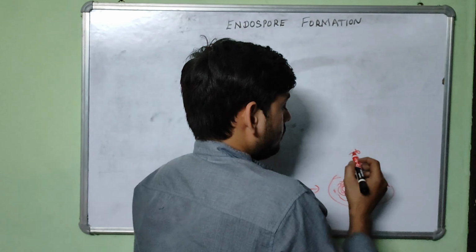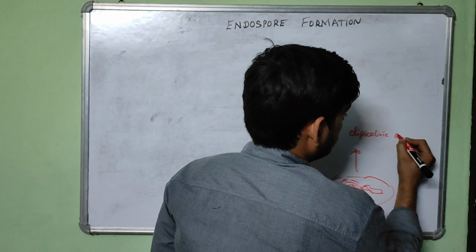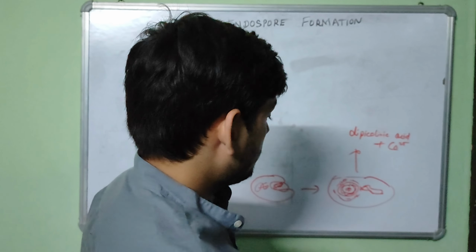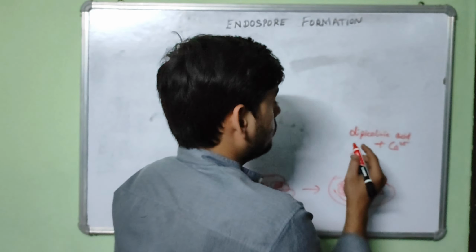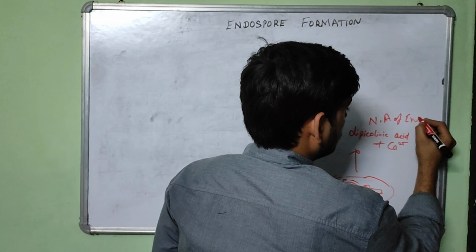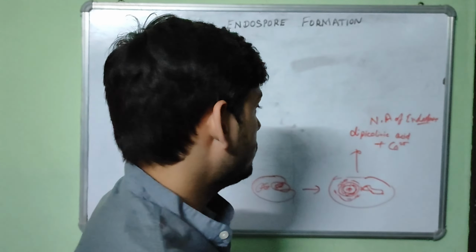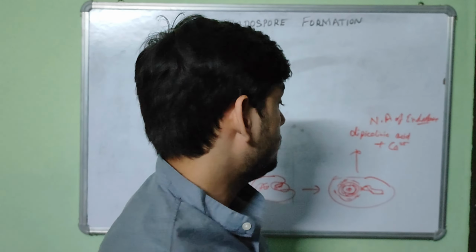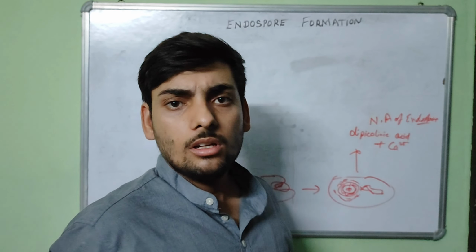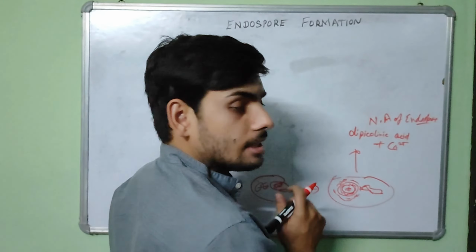After this, dipicolinic acid plus some calcium ions get deposited into the nucleic acid of the endospore, and they stabilize this nucleic acid.